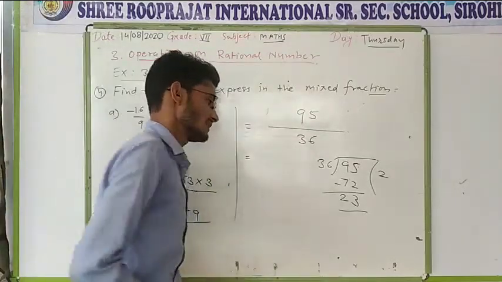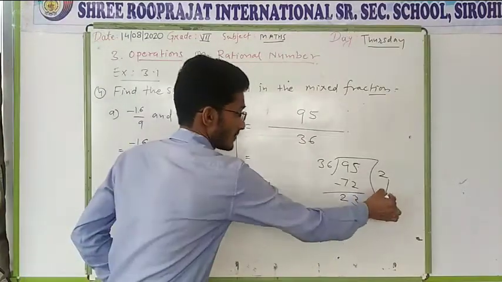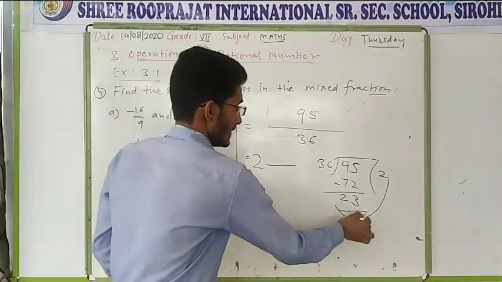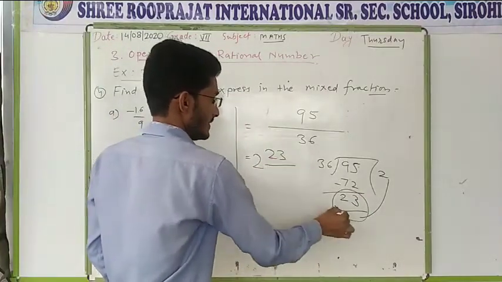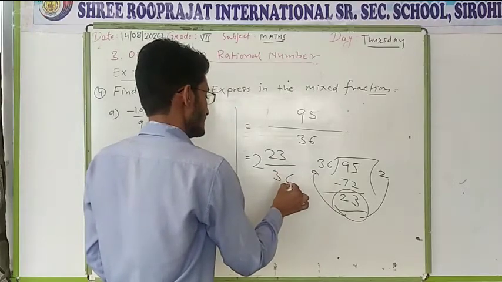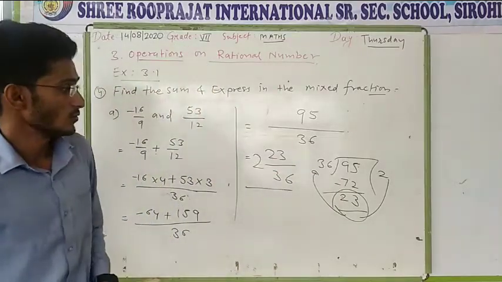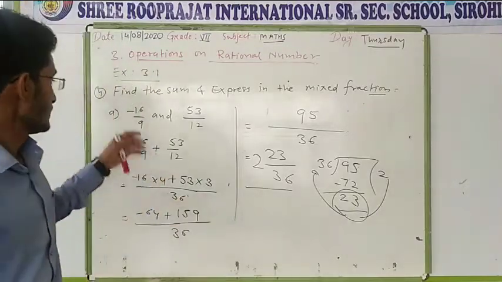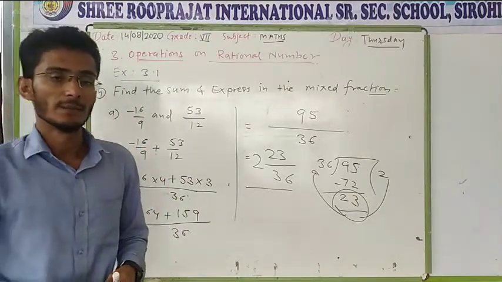That means the remainder is 23. Okay, so start from here. First of all you write the 2, then draw the line, and then the remainder 23, and then 36 as the divisor. So the answer is 2 and 23 by 36. That is the final answer for question number 1.